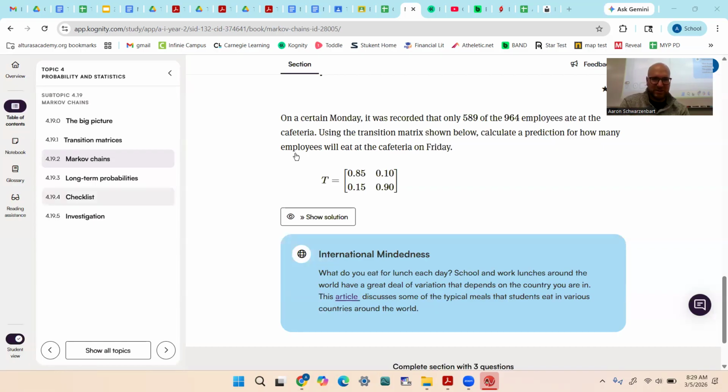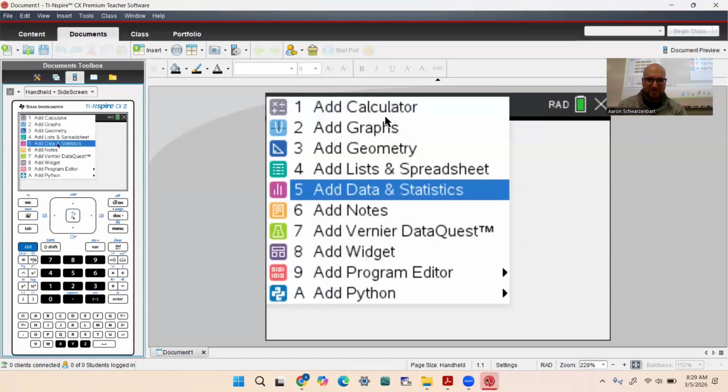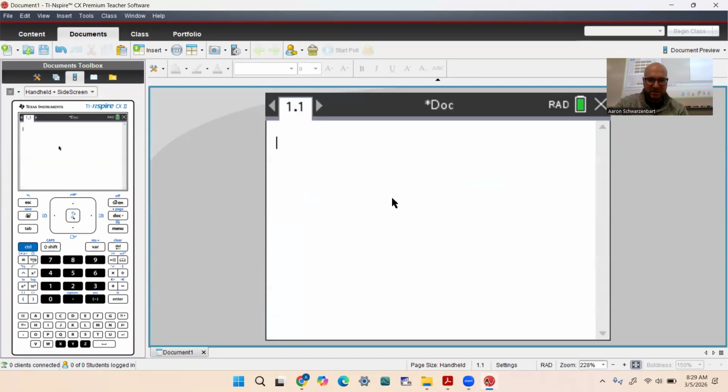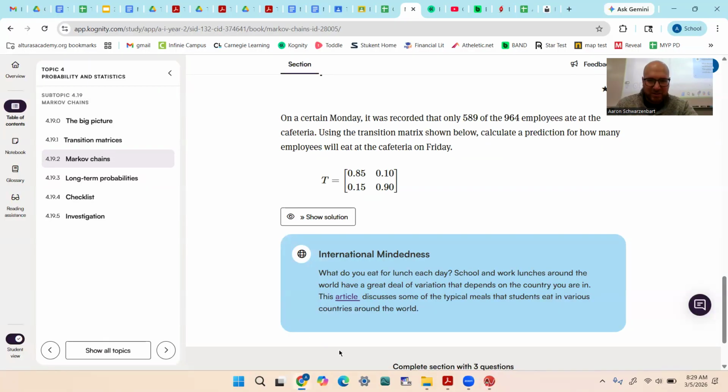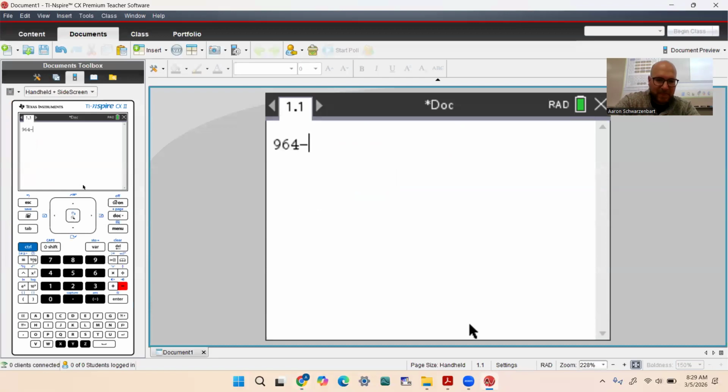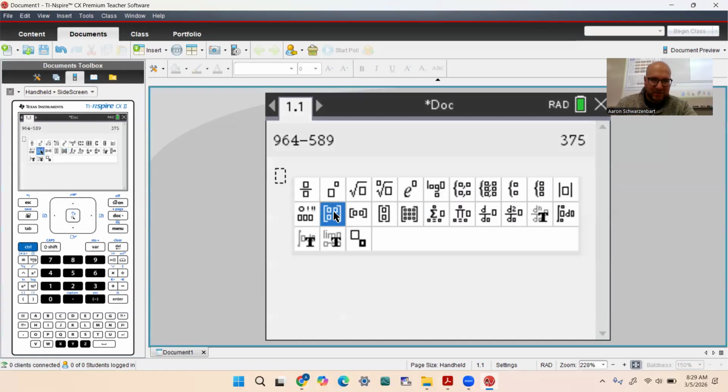4. So we're going to do this on the calculator. First thing I'm going to do is get my nots for the first day. 964 minus 589. And I'm going to enter my 2 by 2 transition matrix.